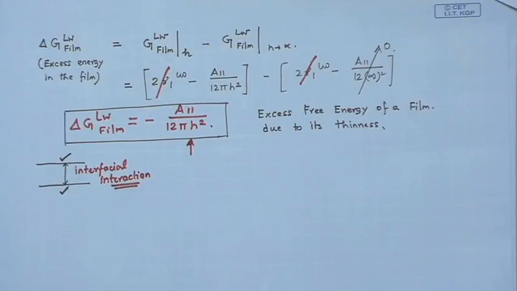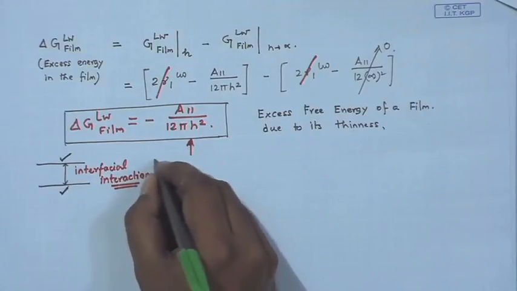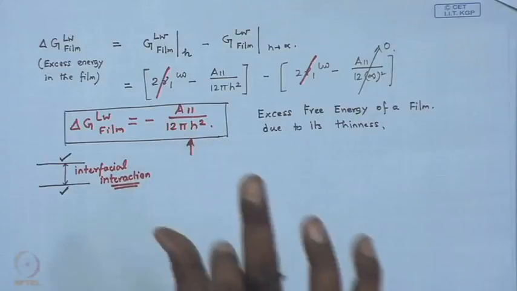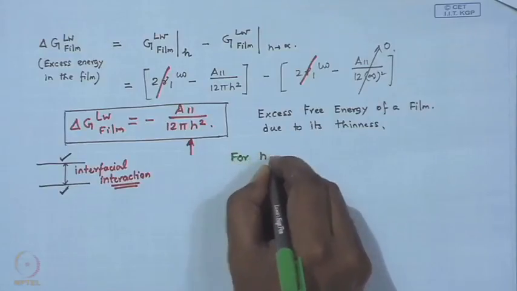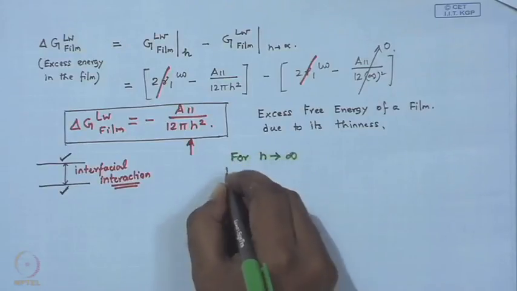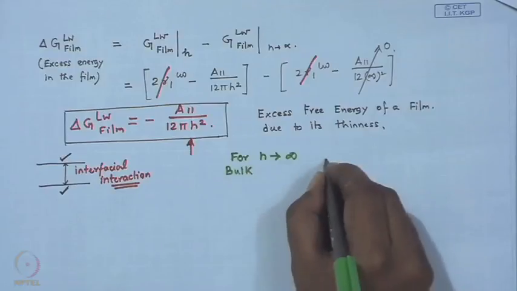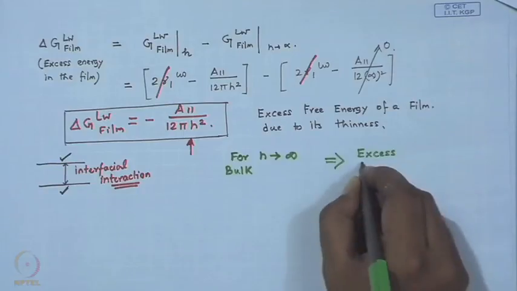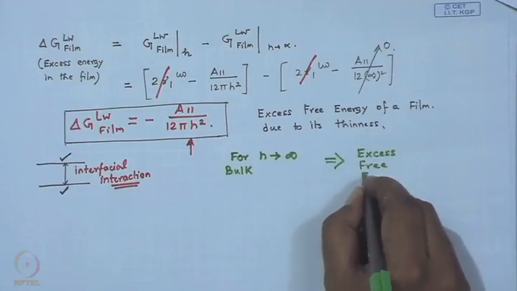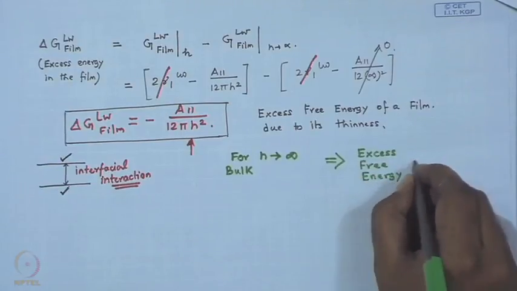We will later see that this excess interfacial energy is key to many unique properties of a thin film as compared to a bulk layer. Instead of a thin film, if the layer is very thick, or it is a bulk we consider, then h will tend to infinity, and the immediate consequence is the excess free energy tends to 0.